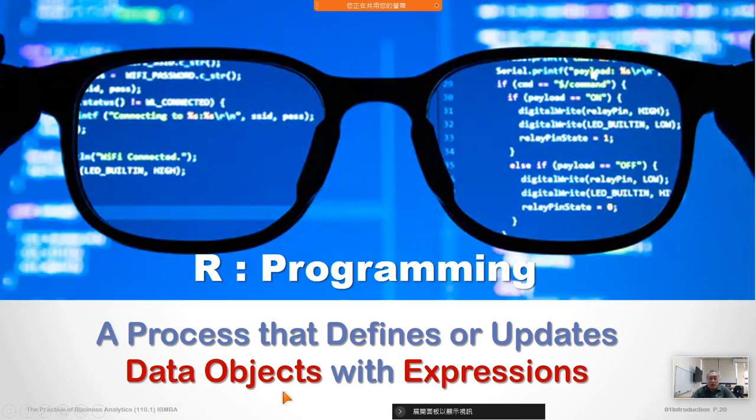In R, every piece of software, every piece of data is called a data object. A data object can be any type of data. It can be numeric data, it can be categorical factors, it can be a character string.